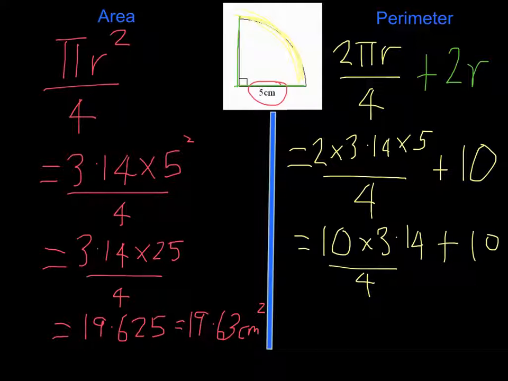You can see that that 10 there would have been the diameter if you think about it as a full circle. Now let's plug that into our calculator. 10 times 3.14 is 31.4. We divide that by 4 to get 7.85. Add the 10 on the end, which gives us a final answer of 17.85 centimeters.